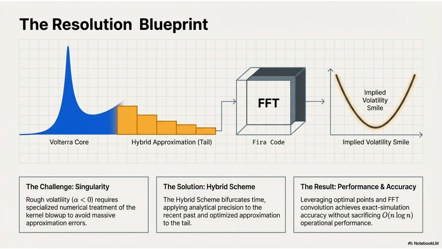It applies exact precision to recent past spikes and an optimized approximation to the far tail, and then combines them using fast methods like the FFT convolution. This hybrid scheme achieves exact simulation accuracy to produce a perfect implied volatility smile without sacrificing any operational performance.